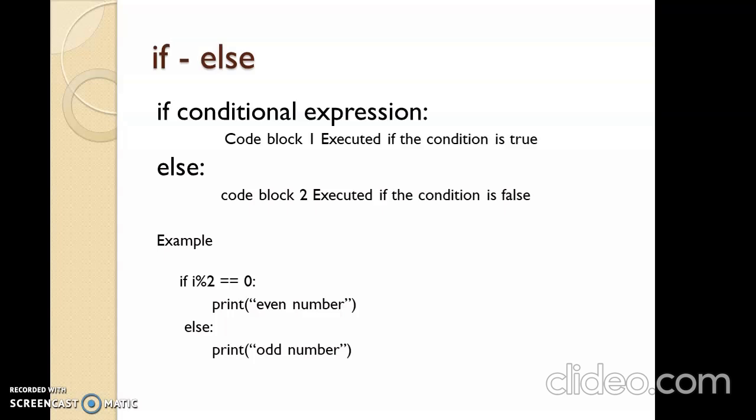For example, in the statement if i modulus 2 is equal to 0, the modulus operator gives the remainder value. If the condition becomes true, it will print even number. If the condition becomes false, it will print odd number.